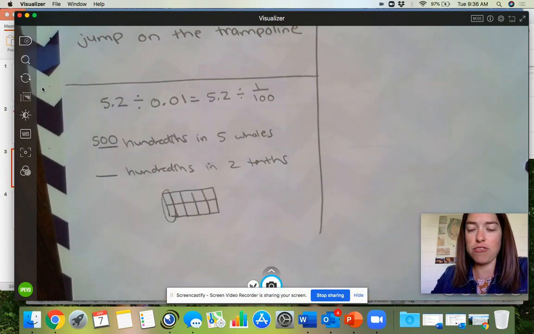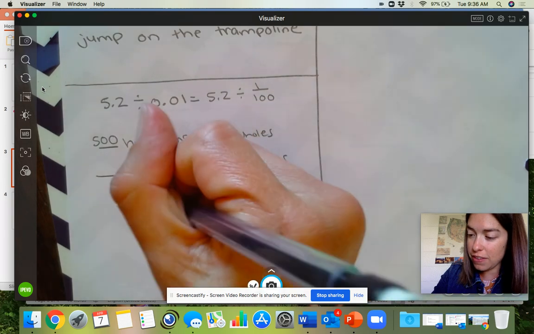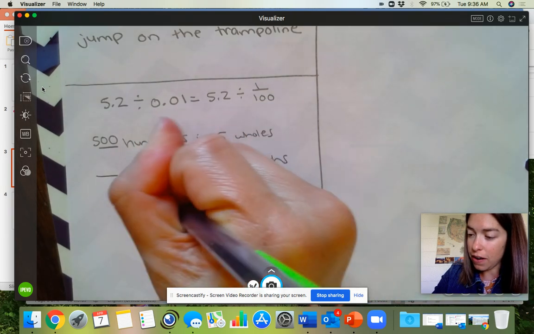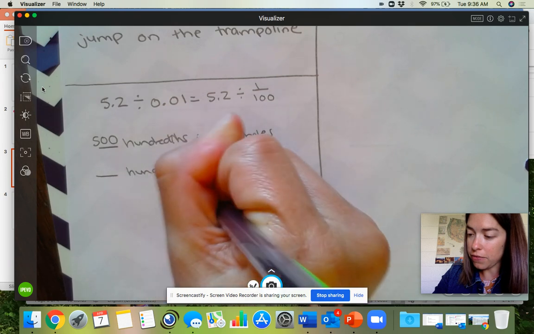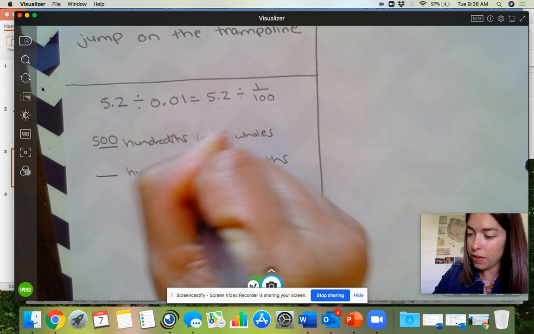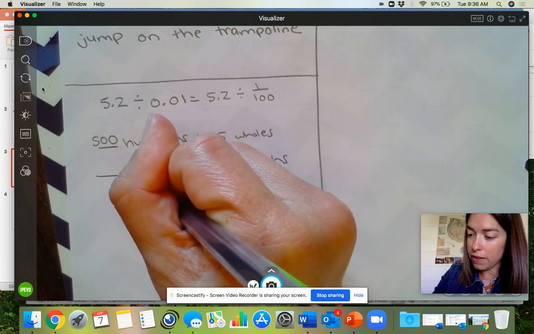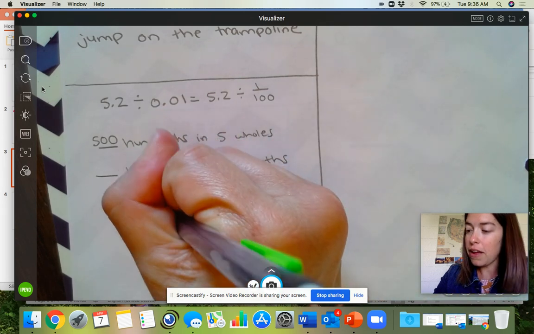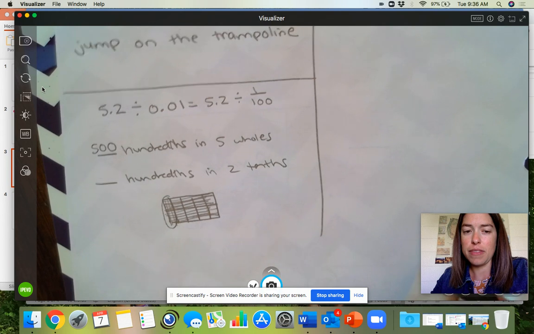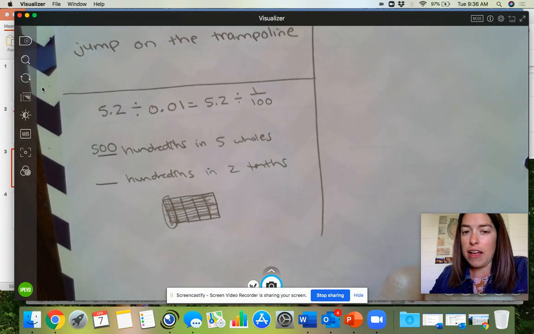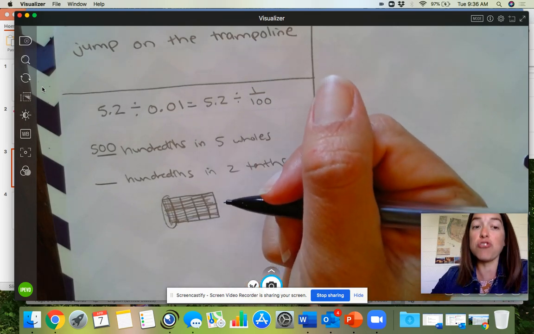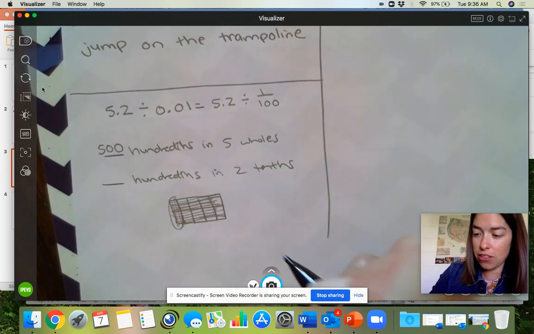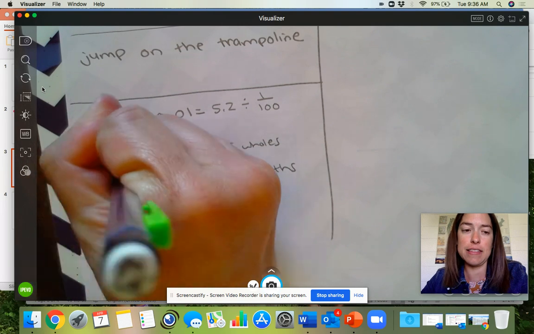But if I divide this whole thing into hundredths, which is a little hard to see, there's actually 20 hundredths in those 2 tenths.